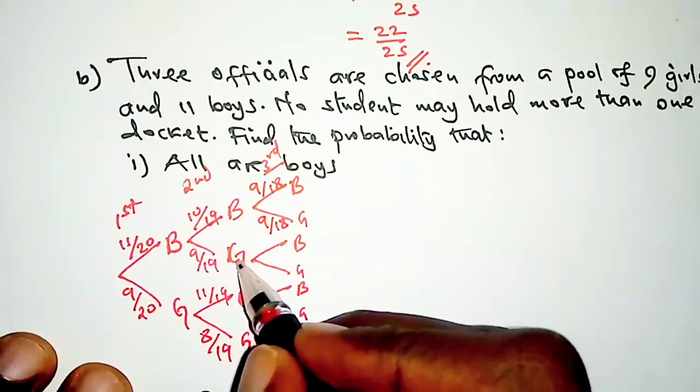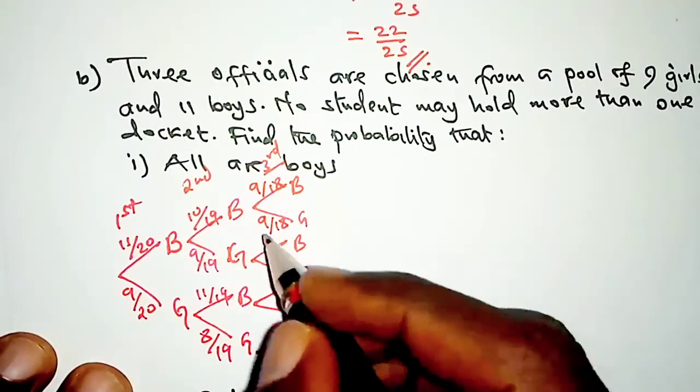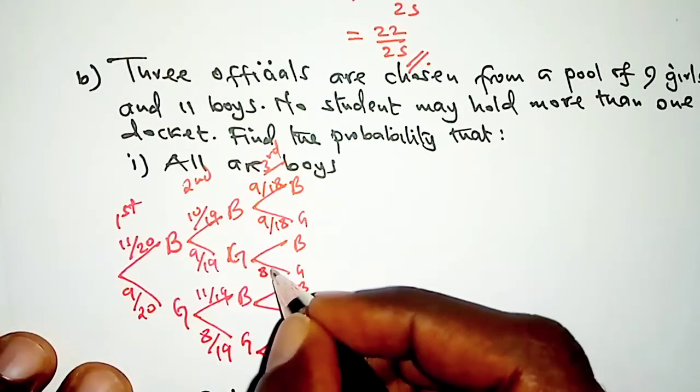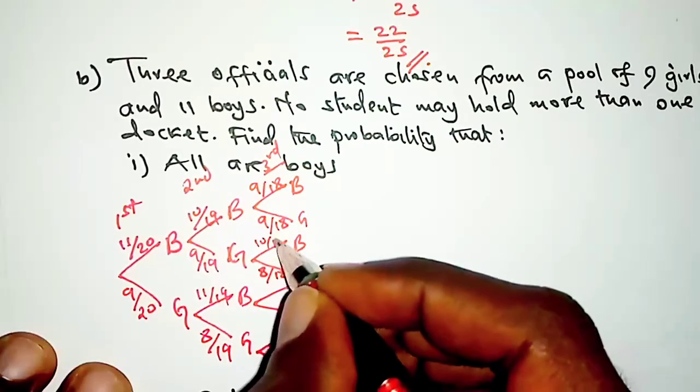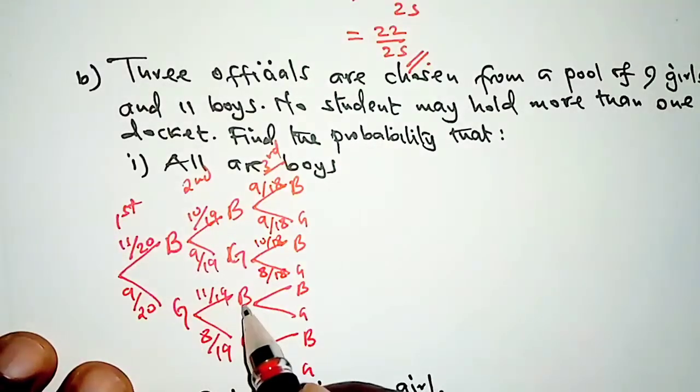And if a girl had been chosen, then the number of girls here should be 8 out of 18, and here 10 over 18.